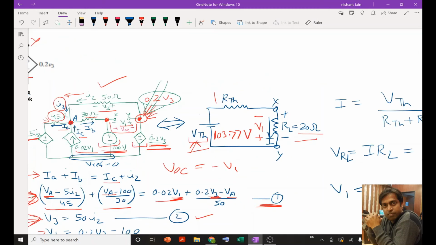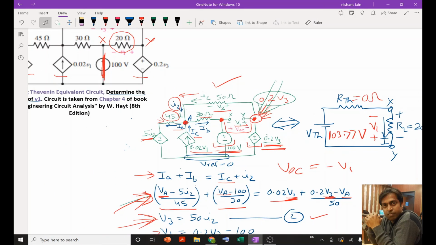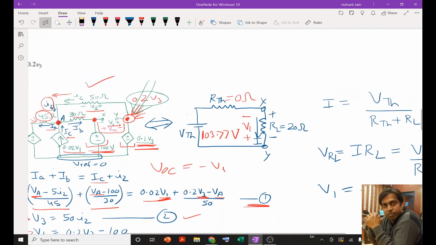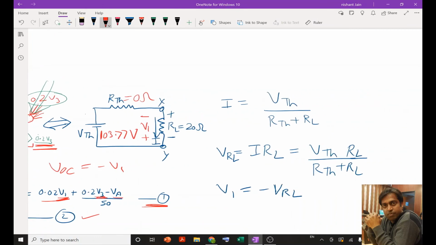If I substitute the value of RTH over here, 0 ohm, I get the value of VTH, I get the value of RTH, and I know the value of this RL. Now since my task is to determine the voltage V1, to calculate the value of V1, what do I need to do? First I need to calculate the current I that is flowing through this circuit. To determine I, I can use this formula: I equals VTH upon RTH plus RL. I will substitute 103.77 upon RTH is 0, RL is 20.